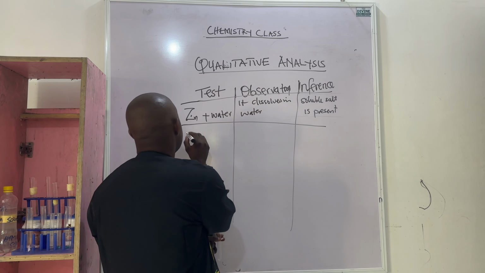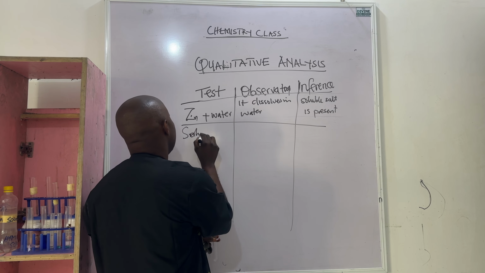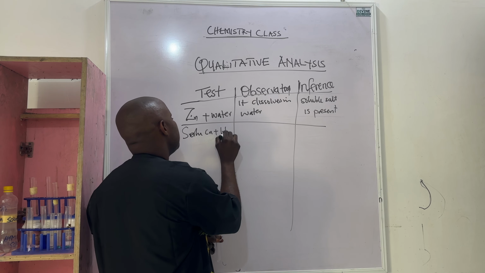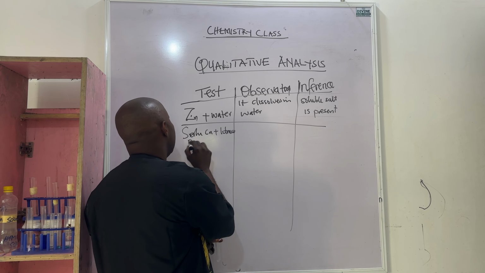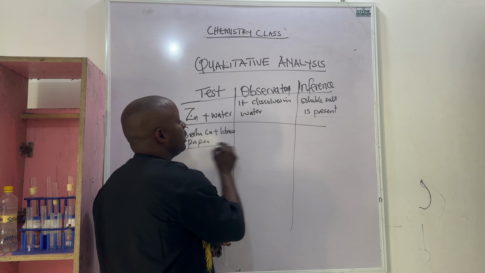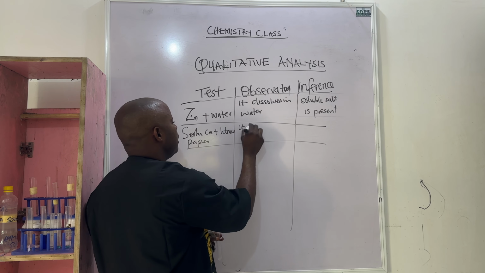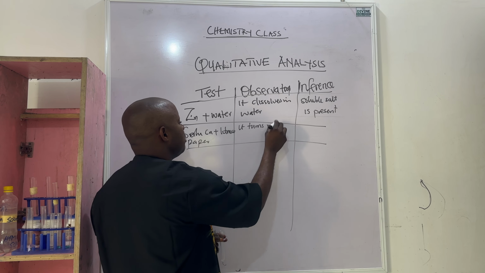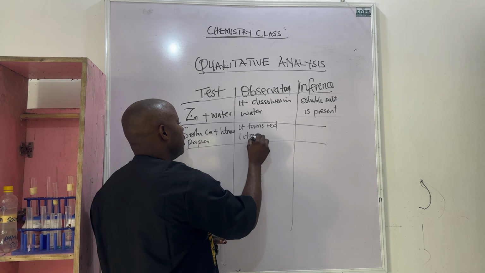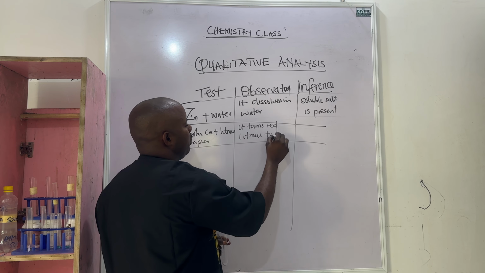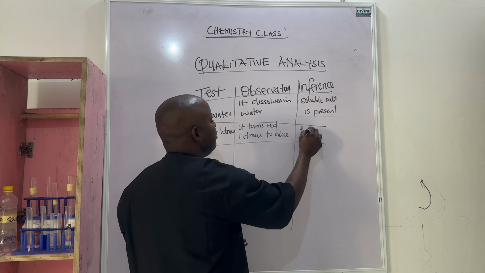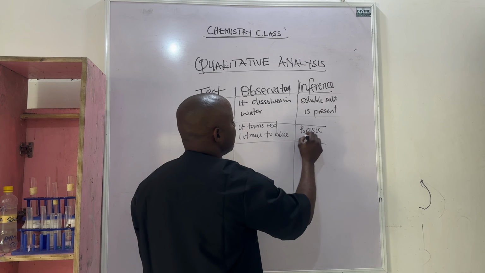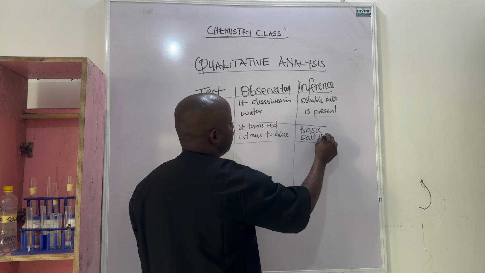So we say: solution Cn plus litmus paper turns red litmus to blue. We can say this is a basic characteristic. Basic salt is present.